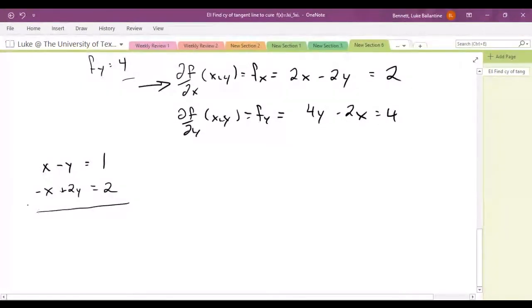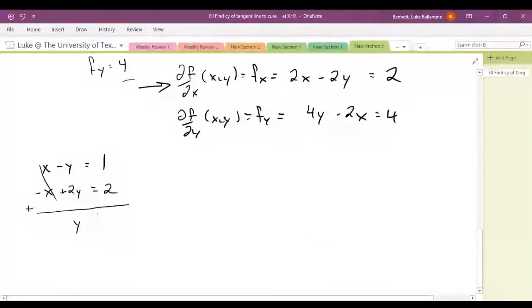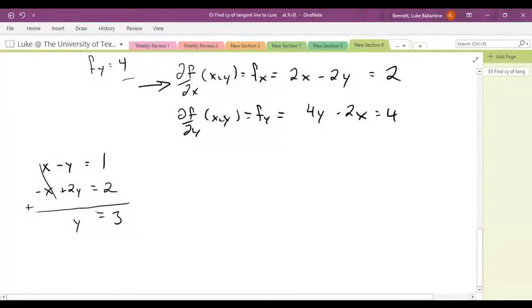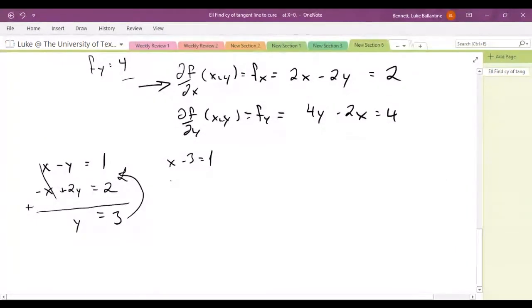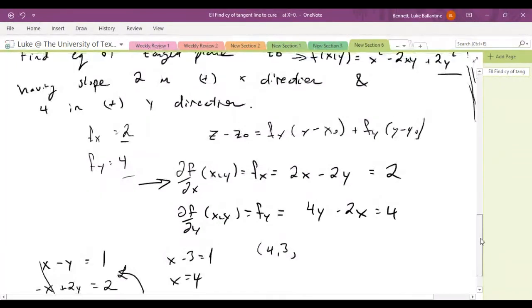Can I just add these? The x's will cancel, so y is equal to 3. And then I plug 3 into the first equation. I have x minus 3 is equal to 1, x is equal to 4. So it happens at the point 4, 3, and let's calculate the f of x, y value.